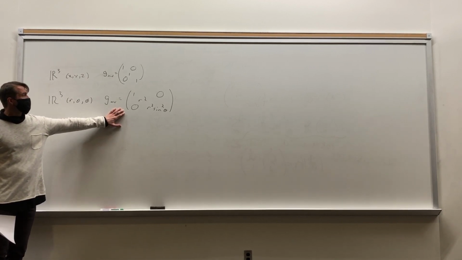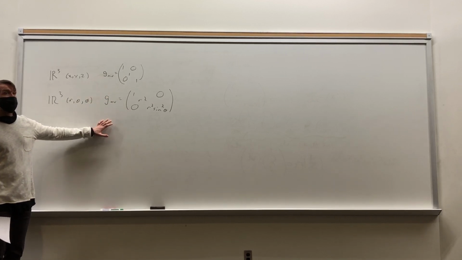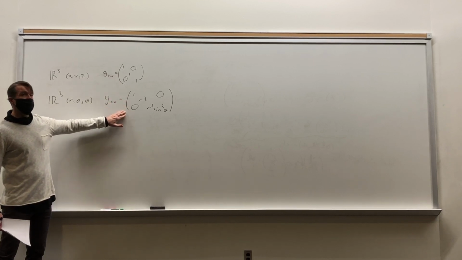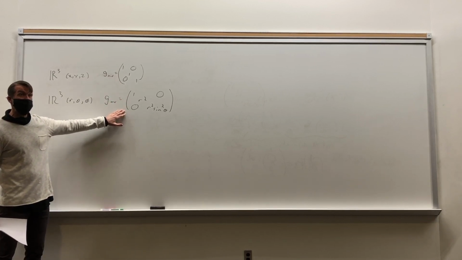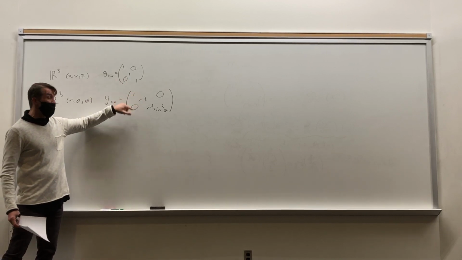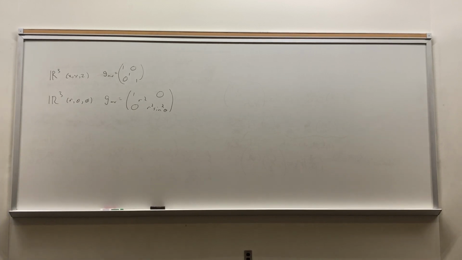Now, I just want you to notice these are describing the same space. Here the metric is trivial. Here the metric is not trivial. This metric is position dependent. If you change what r value you're talking about, the metric changes. If you change what theta angle you're talking about, the metric changes. Okay?